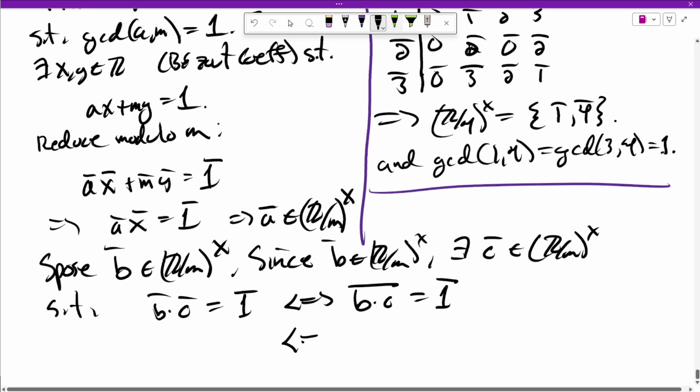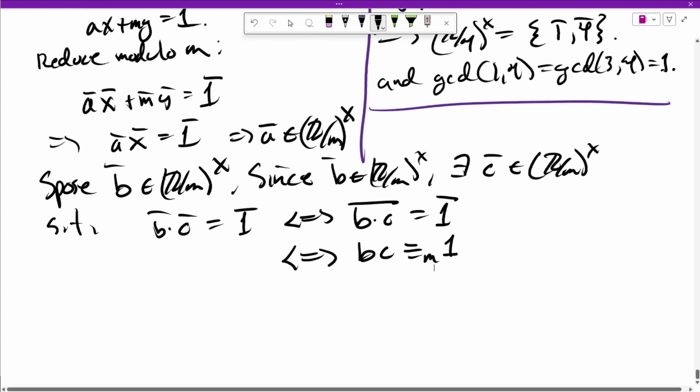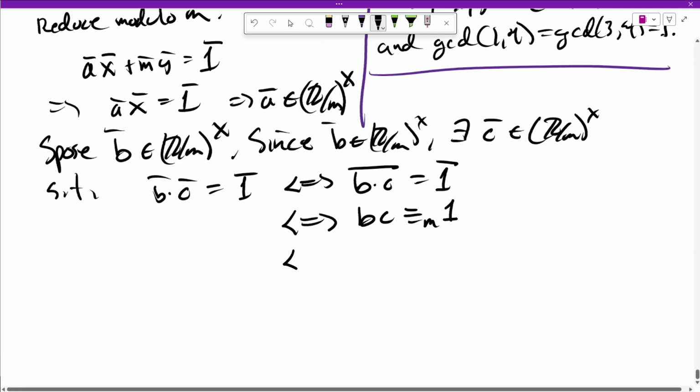But this tells us that bc is congruent to 1 mod m, which again tells us that bc minus 1 is a multiple of m, that is, km for some k in Z. That's the definition of congruence.